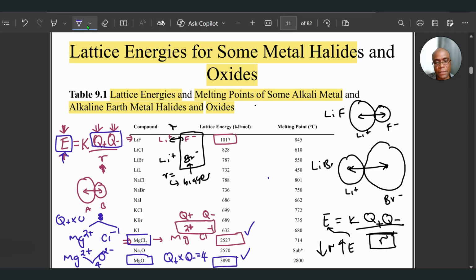Q plus times Q minus, this is going to give you a 2, just focusing on the 2 and the 1. 2 times 1 is 2. So between a product of 2 and a product of 4, the product of 4 is higher, which gives you the numerator Q plus times Q minus being a larger value. Then the lattice energy is going to be bigger for magnesium oxide.